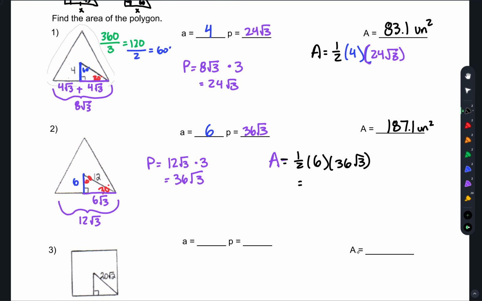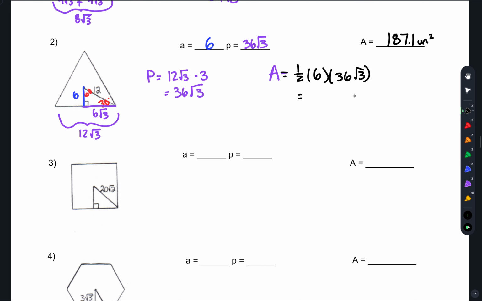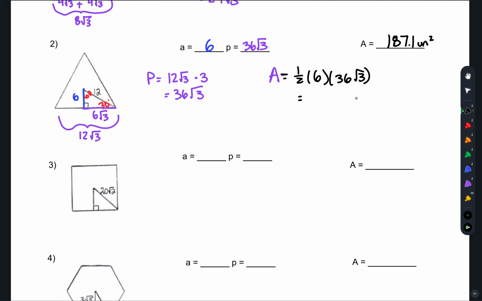Squares can use this formula. You can successfully use the 1/2 apothem times perimeter formula for a square. However, do we know a more simple formula for a square? What's the area of a square formula? Casper. I think S squared is much more efficient than 1/2 apothem times perimeter.